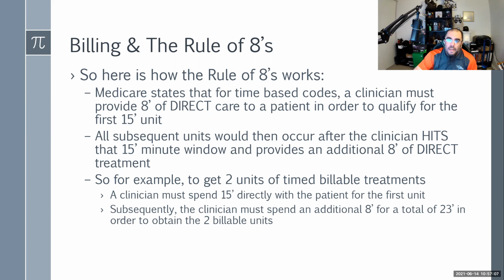So, if I'm going to use Mark just because he was the last one that talked, and that's usually what happens, if I want to bill Mark for 3 units, maybe my clinic requires me to bill every patient 3 units, I have to spend a full 15 minutes for my first unit, a full 15 minutes for my second unit, and a minimum of 8 minutes for my third unit in order to bill him for 3 units. So I have to spend a minimum of 38 minutes with him.